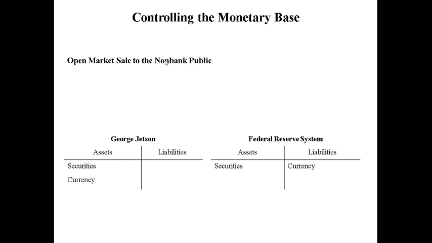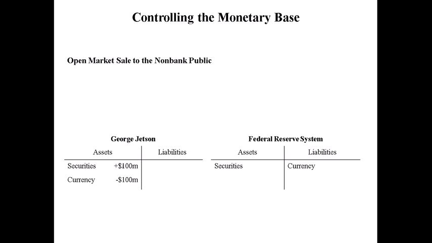How about an open market sale to the non-bank public, for example, George Jetson? Remember, George Jetson is a non-bank. A bank's cash is called reserves. George Jetson's cash is called currency.